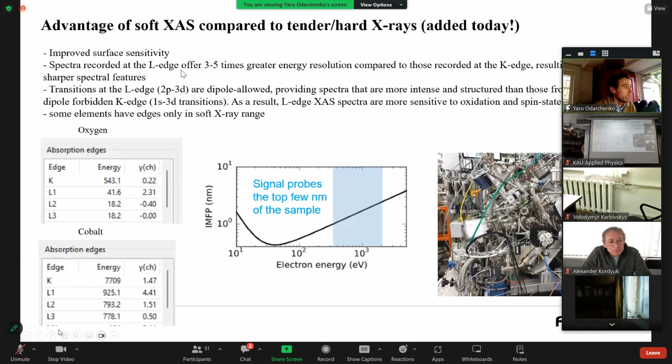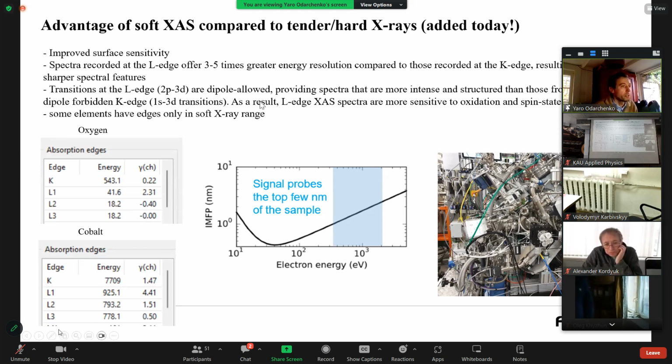Also, L-edge offers 3-5 times greater energy resolution compared to that recorded for K-edge. This is, for example, for cobalt, which is the main material of our nanoparticles. So you could see that obviously looking at the L-edge will be more advantageous. And also, L-edge transitions are dipole allowed compared to K-edge, which is dipole forbidden.